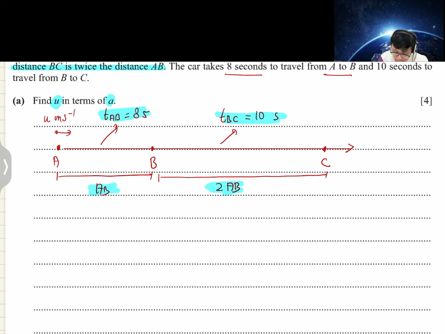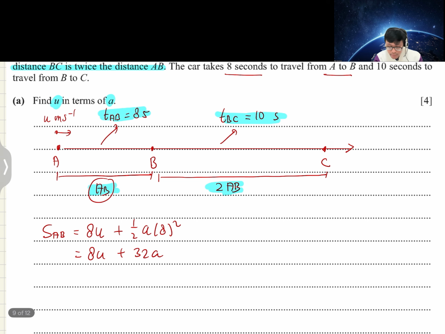So let's use the equation for A to B first. So s from A to B equals ut plus half times a times t squared. The time is 8, so we get 8u plus 32a.